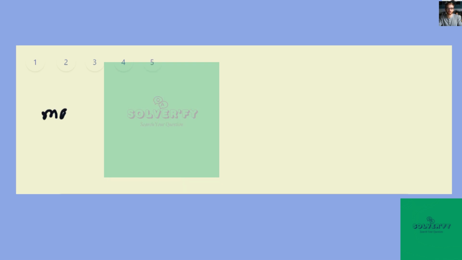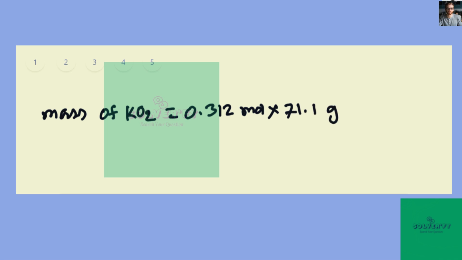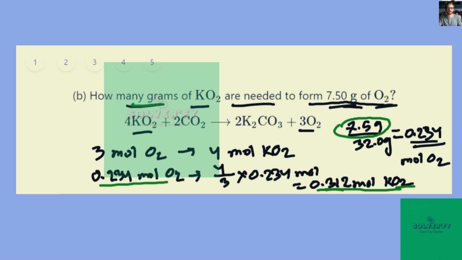So the mass of KO2 which is required is 0.312 mole times the molar mass of KO2, which is 71.1 gram per mole, and this will give us a value of 22.22. So this is the mass of KO2 which is needed to form 7.5 gram of O2.